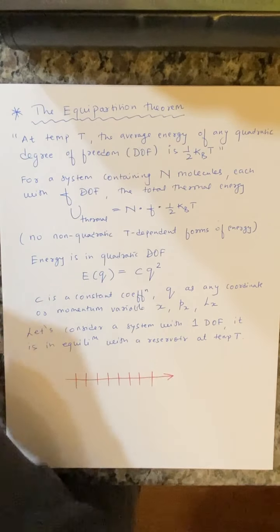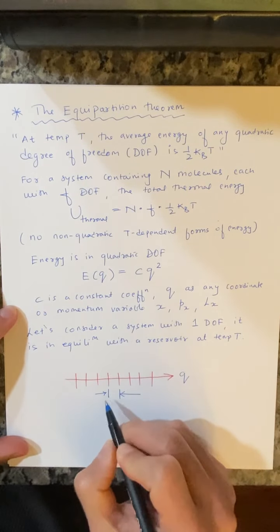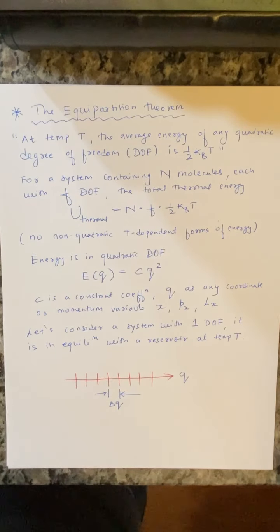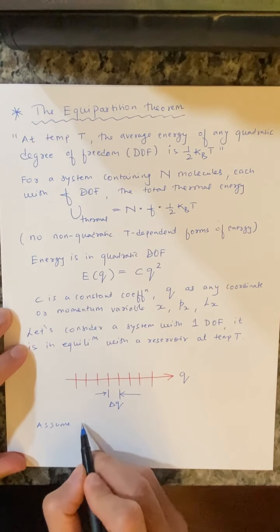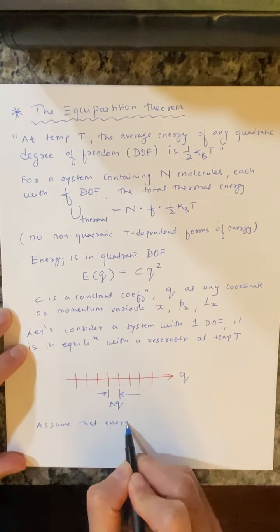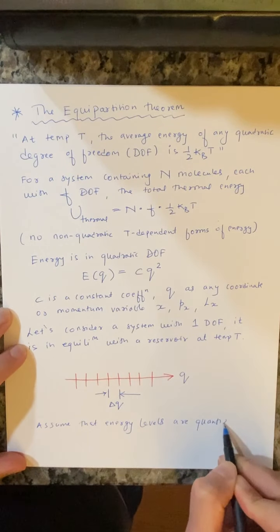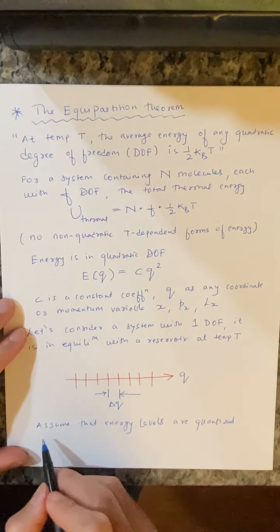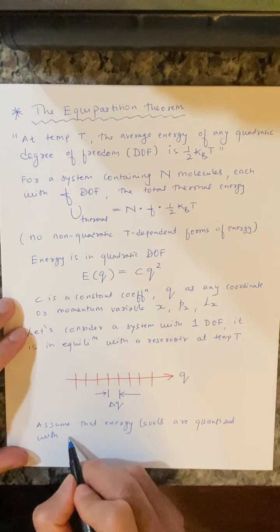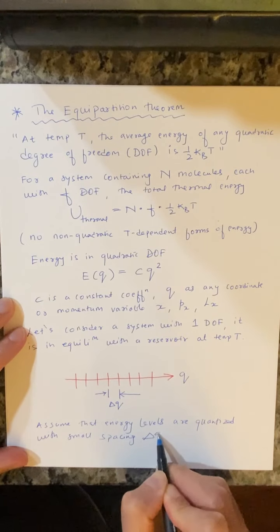Over here, think of this as Q, and any of these spacings is delta Q. Assume over here that all levels are quantized, with a very small spacing, delta Q.